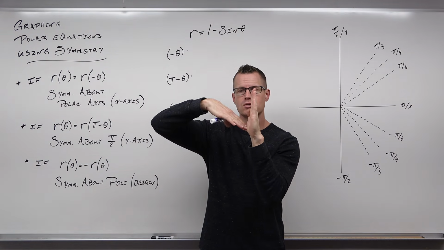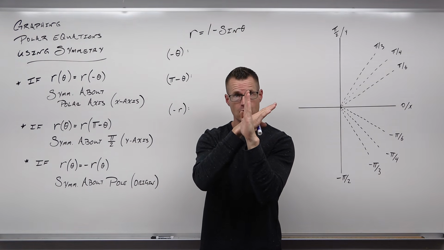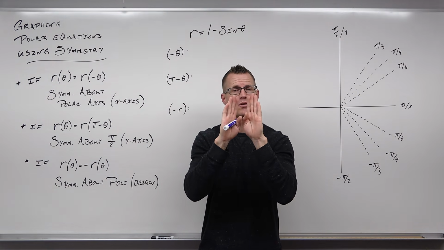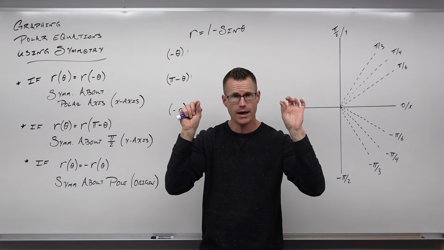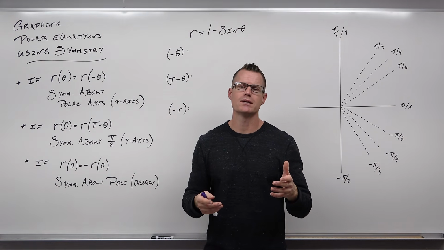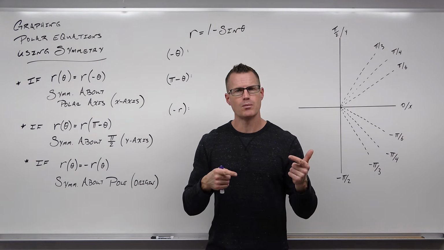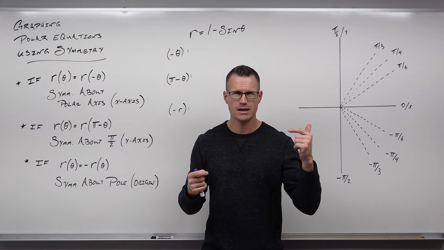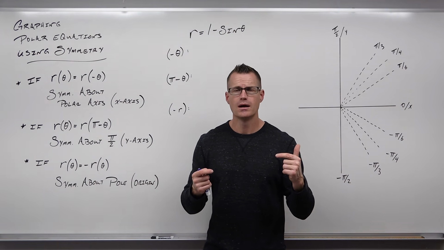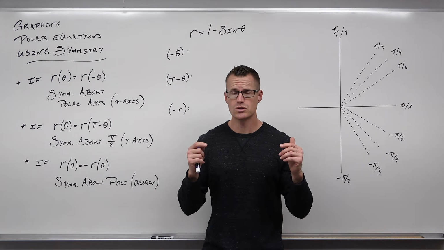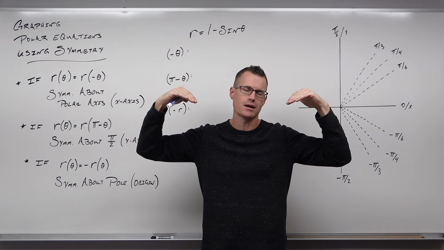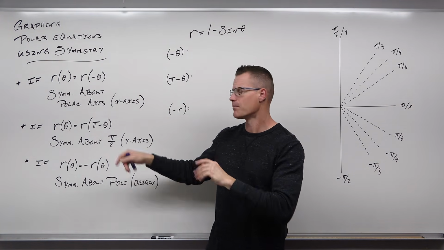If pi minus your angle is the same thing as your angle, then you're going to get a mirror image across the y-axis. Very similar to what we did with the double solution for sine, how that would give us two solutions because we had 180 minus theta matching up with our theta with sine. That's exactly what this is talking about.